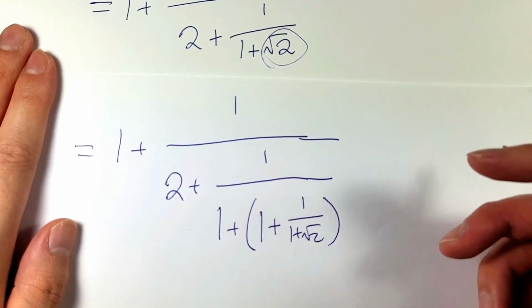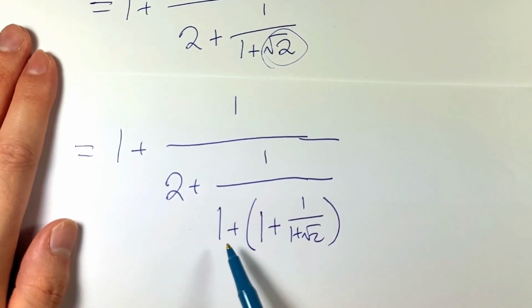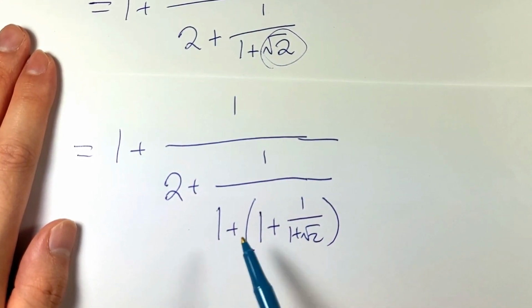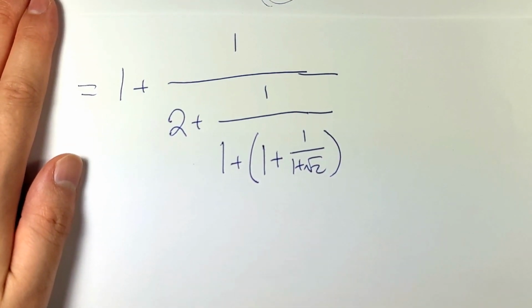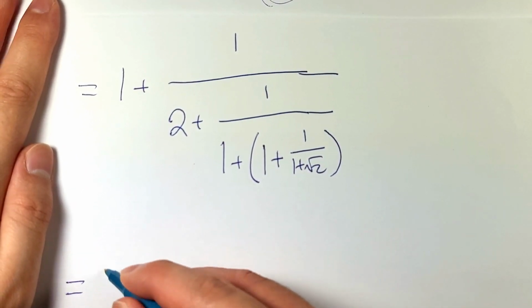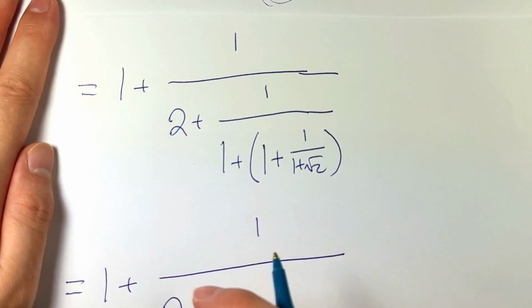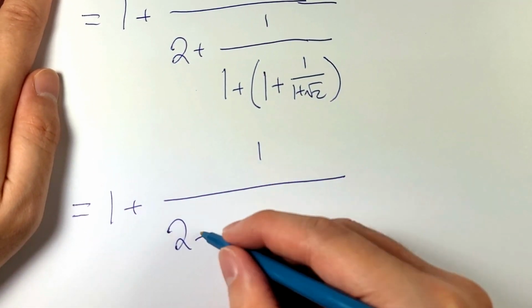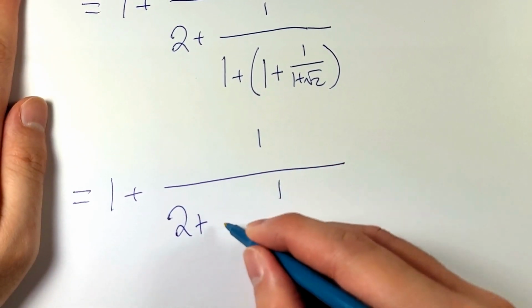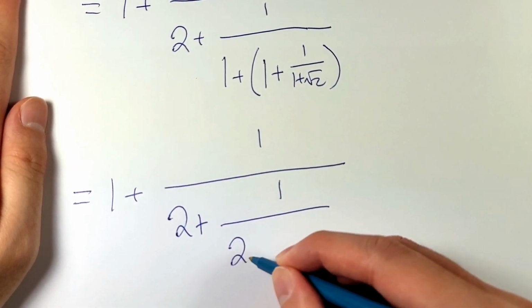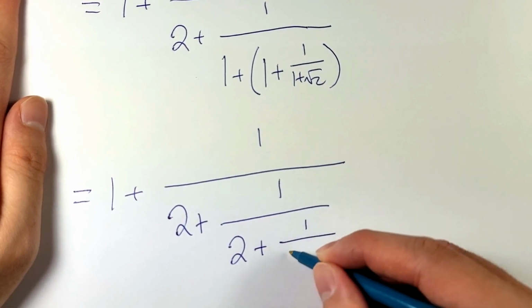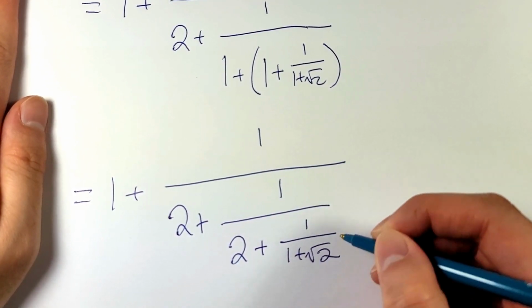Now I'm going to simplify this again. So notice here I'm adding 1 to 1, so I get 2. So what I get here is 1 plus 1 over 2 plus 1 over 2 plus 1 over 1 plus root 2.